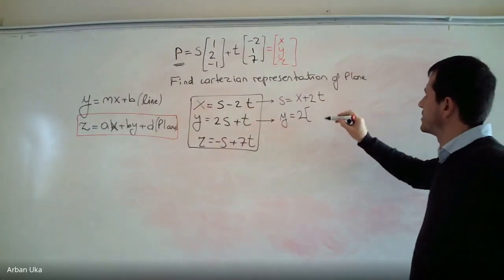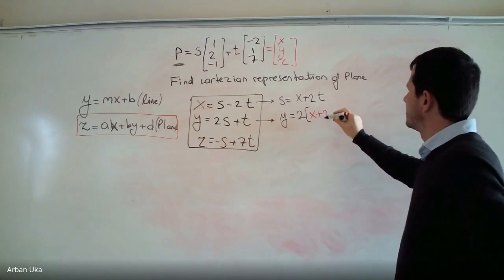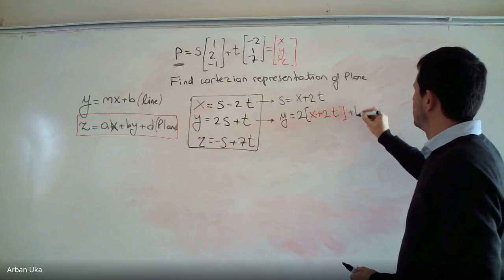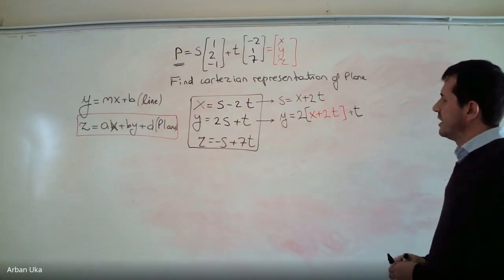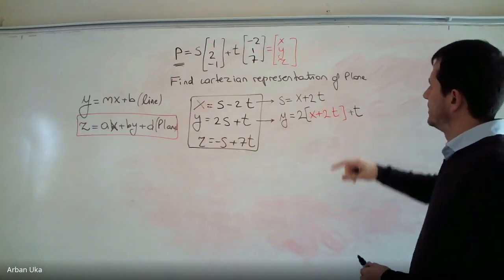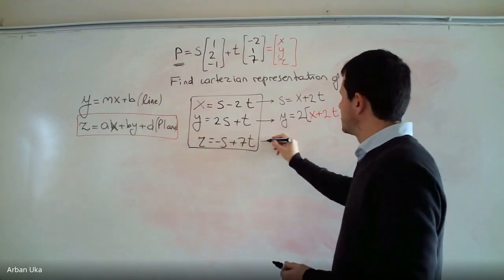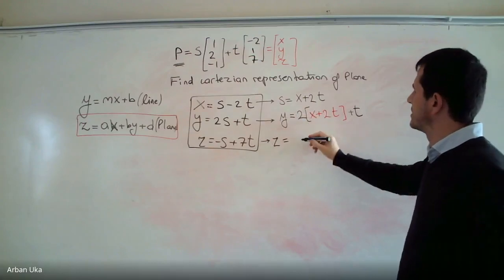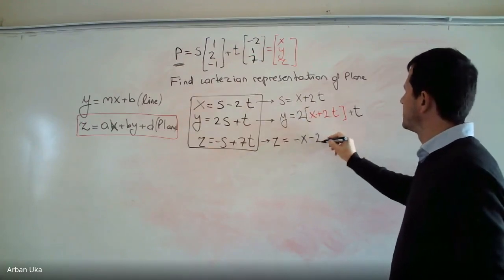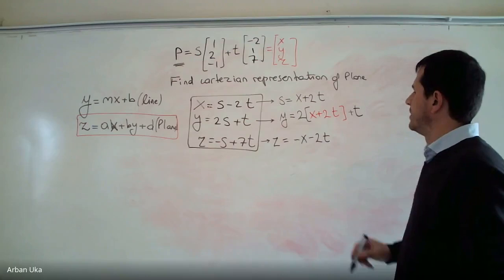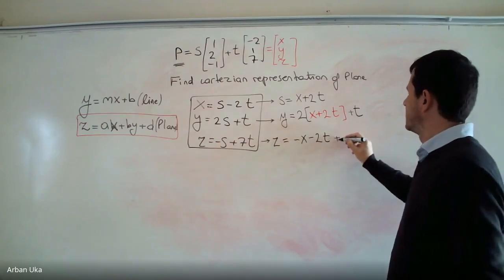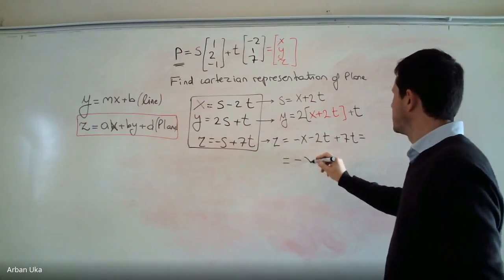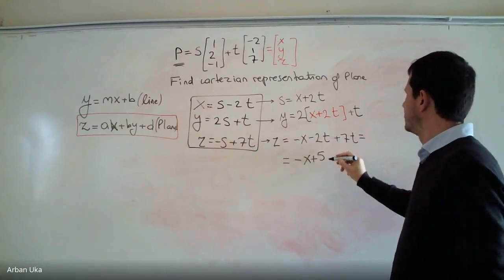We get it from the first expression, so this is x plus 2t, plus t. And then finally we can say that z is equal to minus s, and minus s is minus x minus 2t, plus 7t, and this would be equal to minus x plus 5t.